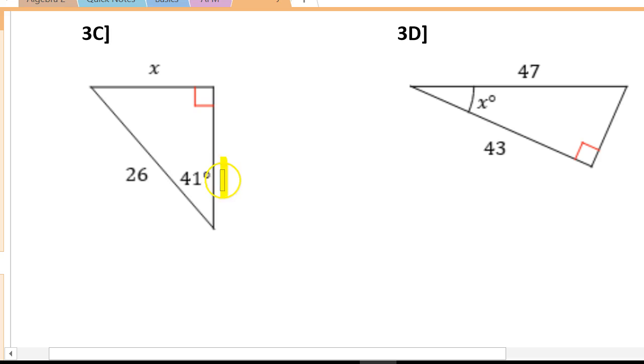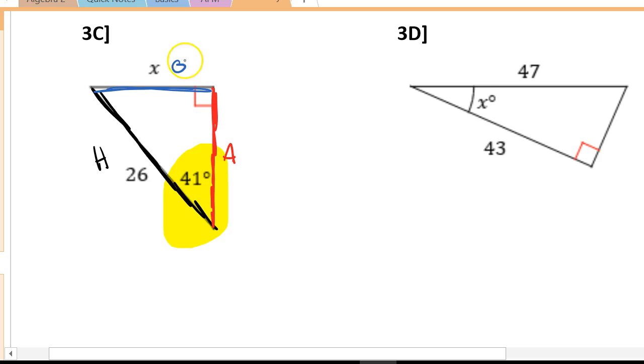My angle of reference here is 41 degrees. So I'm going to label my sides accordingly. This is the hypotenuse. The other side length that makes the angle is the adjacent, and that makes this the opposite side. This lets me know that, given the opposite and the hypotenuse, this is in fact the sine of theta ratio.